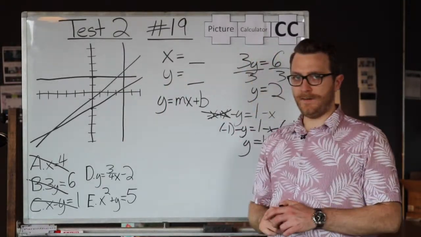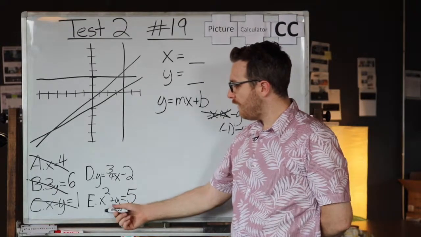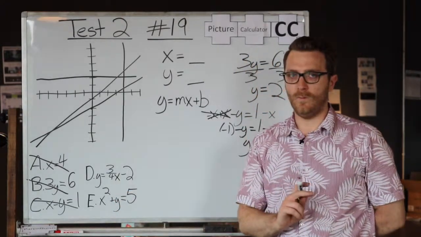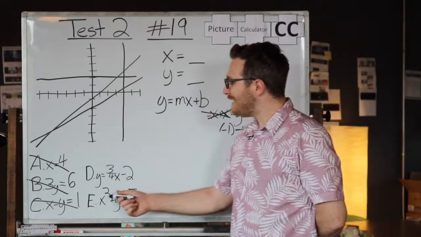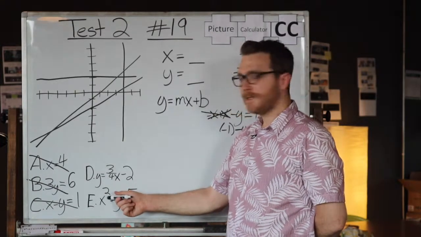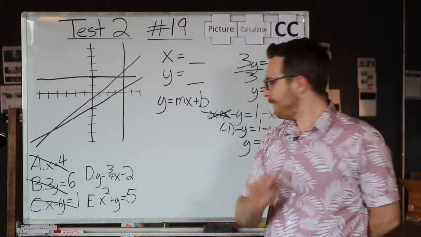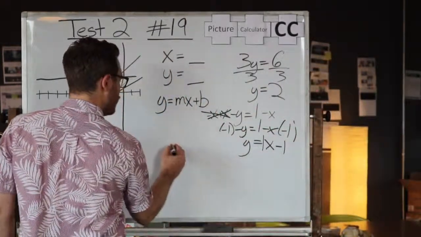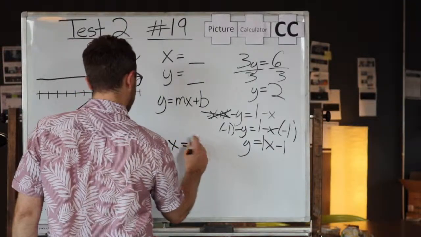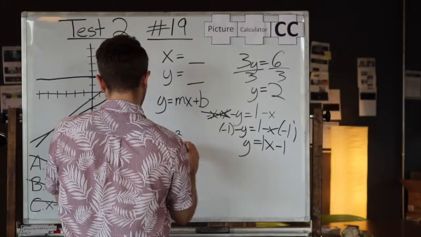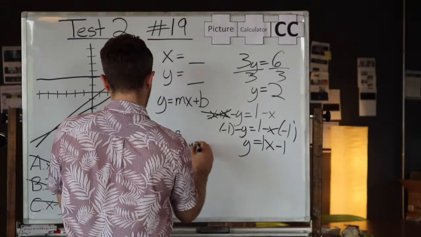What about our last one? We have a square above the x. It is an exponent other than 1. Now, whenever you see an exponent there, you know that has to be some sort of a parabola. I'm just going to change it really fast for us. So instead of x squared, I'm going to put the y by itself, x squared plus y equals 5.